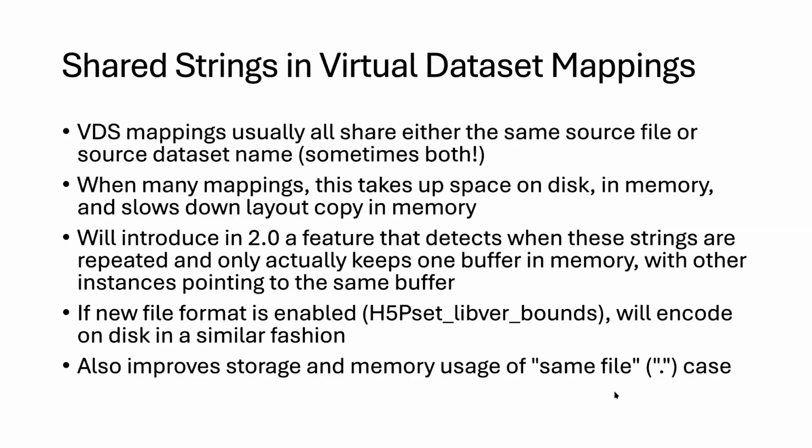I don't want to say a reference counted buffer, because as far as I've gotten in implementation, I don't think reference counting is actually necessary internally. But it's a single buffer shared by all the different mappings, so that when you copy it, you don't need to do a memcpy of the buffer every time.